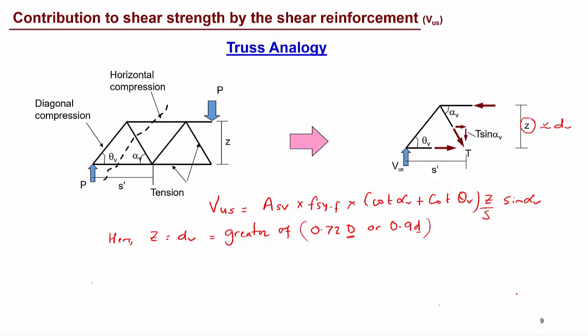So further simplifying the equation for VUS, we have ASV, and we are writing dV instead of Z, taking the sine alpha V inside.